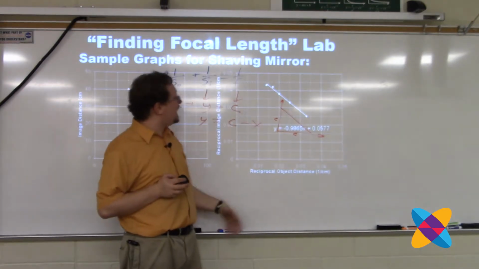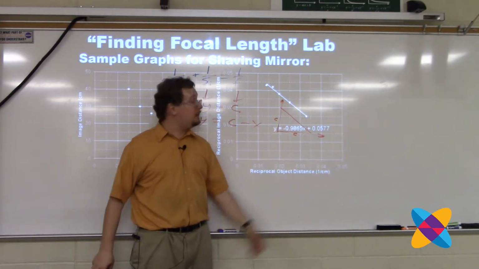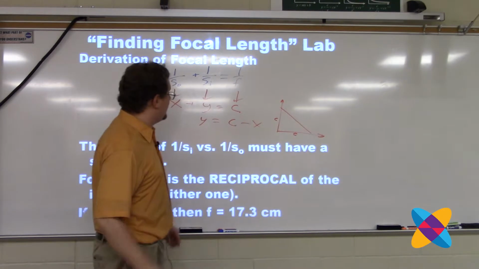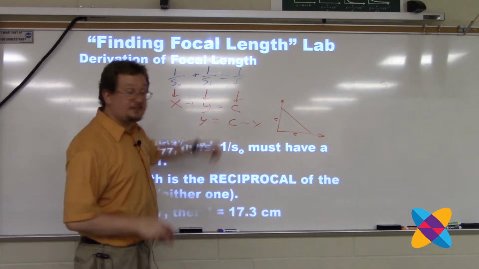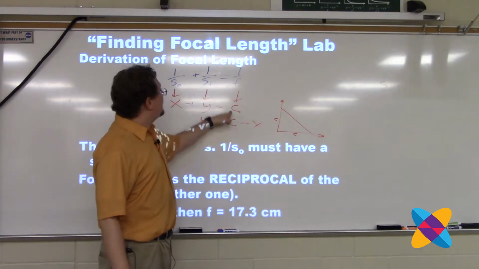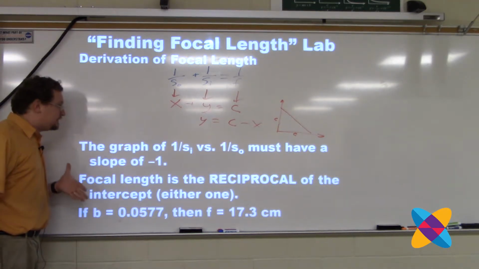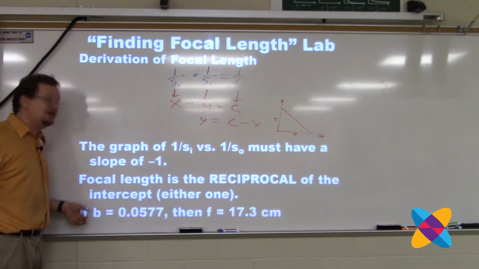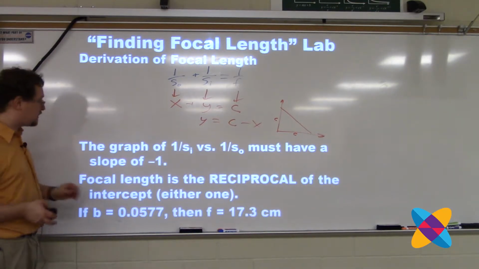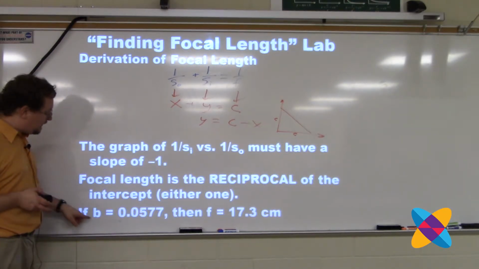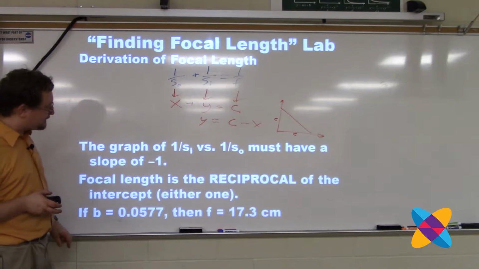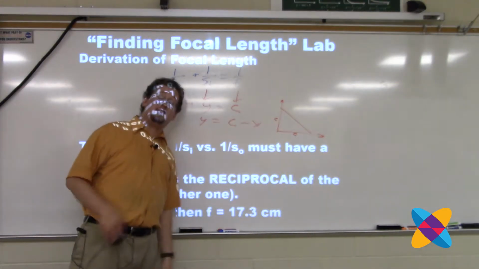That's the vertical intercept, and because the slope is -1, that is also the horizontal intercept. But notice the intercept is not the focal length. The intercept is the reciprocal of the focal length. Focal length is the reciprocal of the intercept, either one. Horizontal or vertical should be the same intercept. So if my intercept was 0.0577, then the focal length was 17.3.